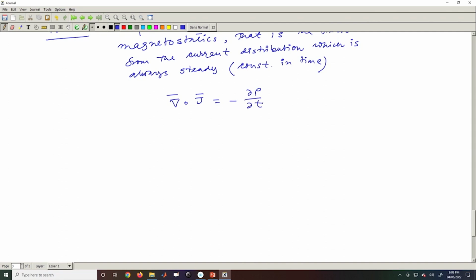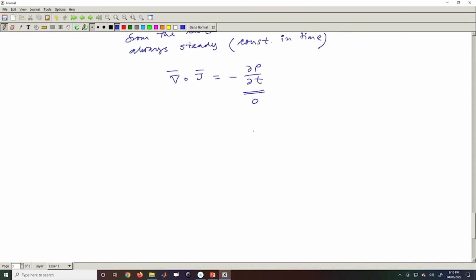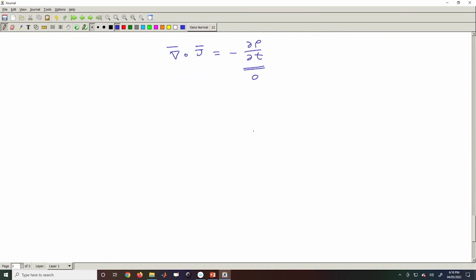And we mentioned that in magnetostatics we always have a steady flow of current. So, del rho del t has to be 0. So, eventually the divergence of J comes out to be 0. But it is not always true.